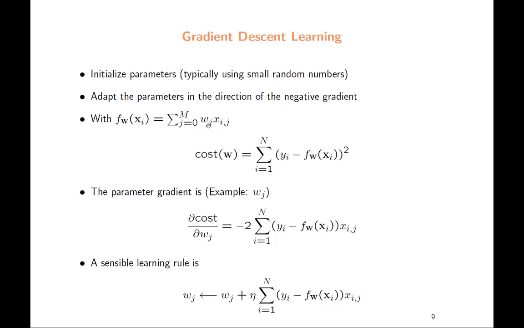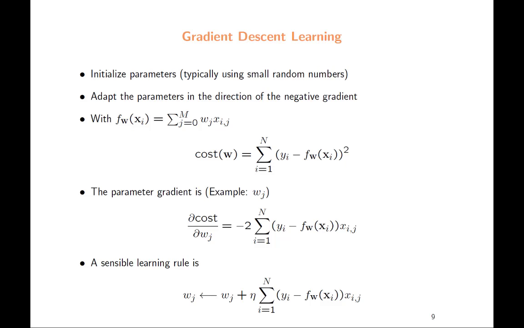So if you have this wx, we take the derivative with respect to w, the w disappears and the x is left over. And since there was a minus sign here, the minus sign goes in front. And this is the gradient of the cost with respect to wj.